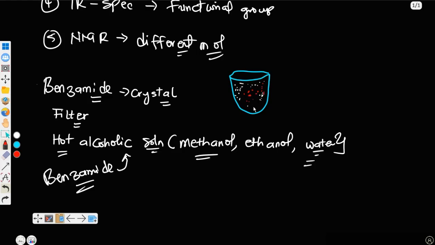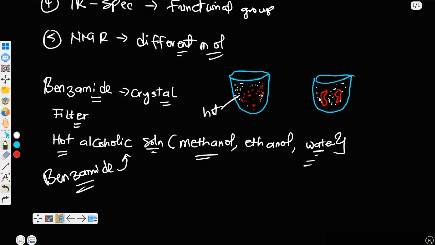So you are going to form something like this, in hot solution. But after some time, when this cools down, the crystals will reform, but every other impurity that was present before will remain in solution, and then you can filter again.